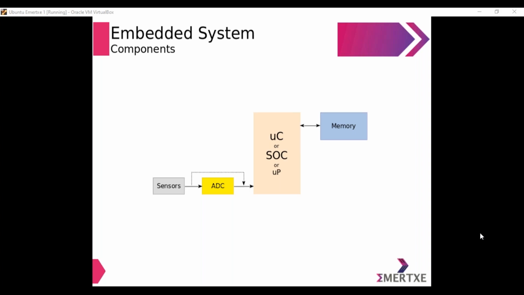This ADC can be built into some of the microcontrollers, or in some cases you may have to connect it externally. It completely depends on the microcontroller you are choosing. But sensors give an analog output which has to be converted to a digital value before it is given to the microcontroller to take any action. So ADCs are always required between the sensors and the microcontrollers.